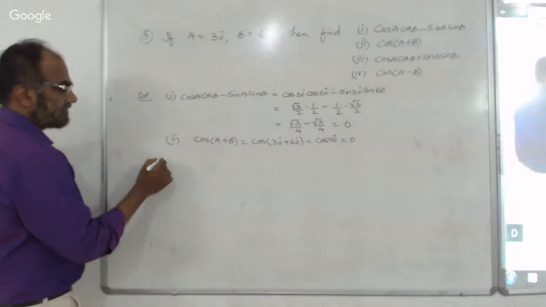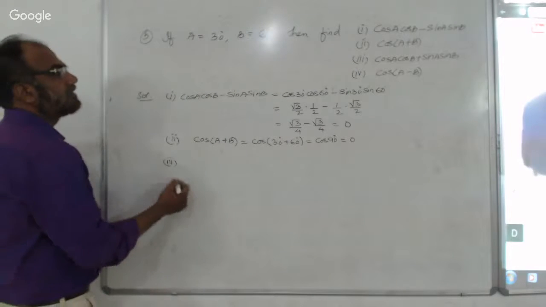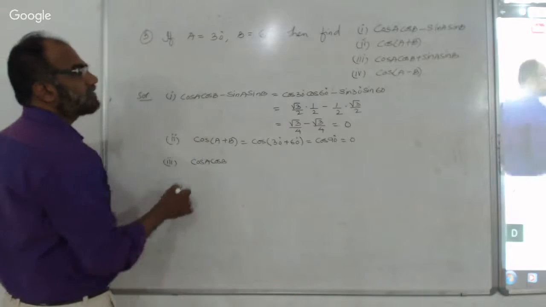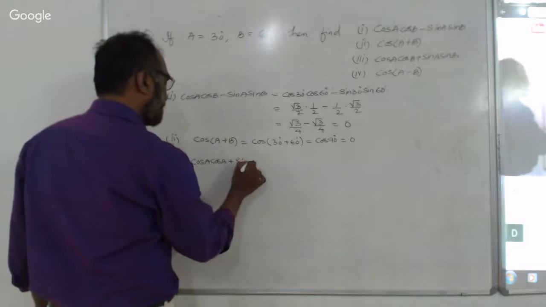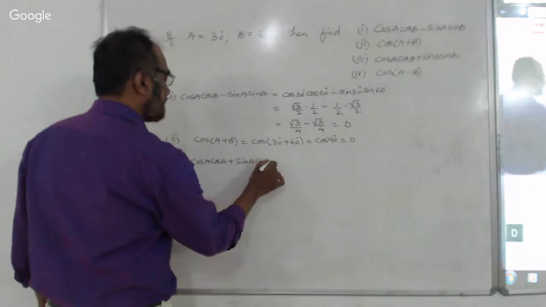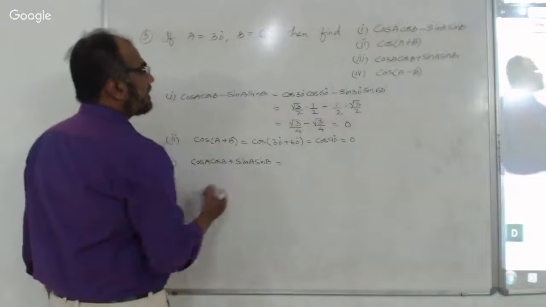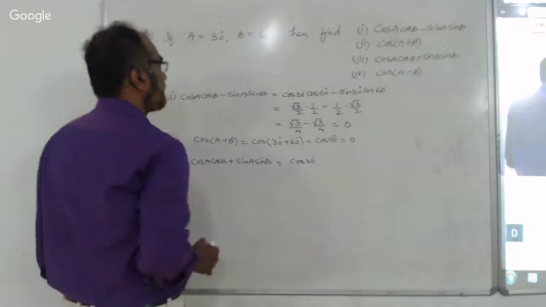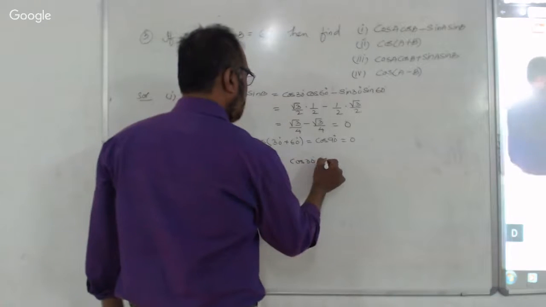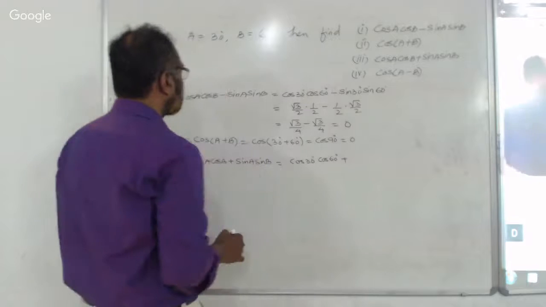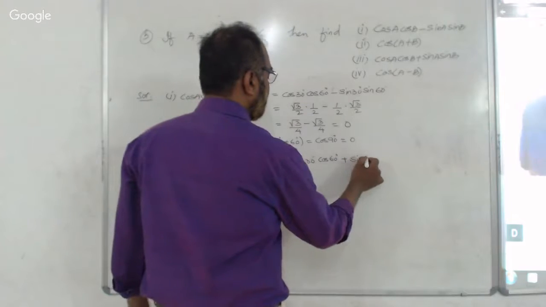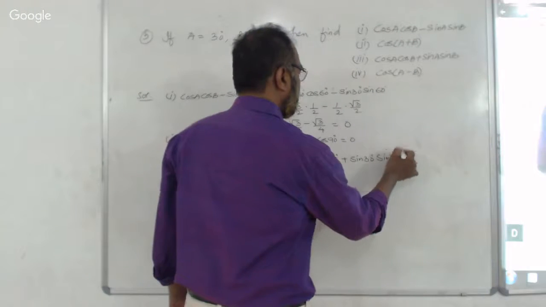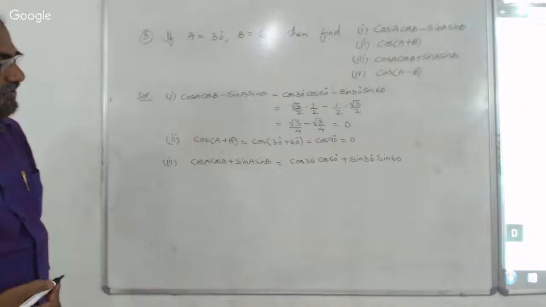Next, the third bit of it, cos A cos B plus sin A sin B. Cos A is cos 30, cos B is cos 60, plus sin 30 sin 60. So substitute the values.